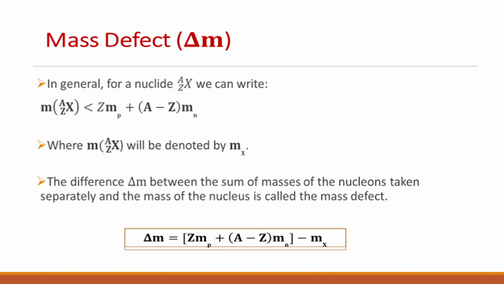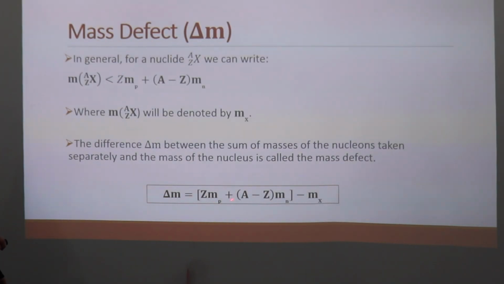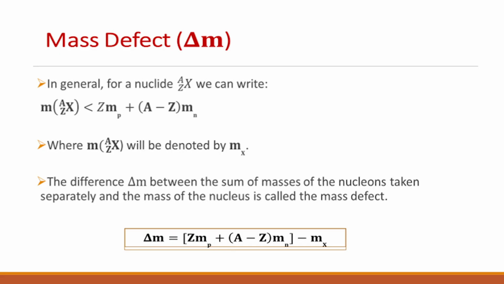Let's denote the mass of the nucleus by mX, where X is the symbol of the nucleus. The difference delta m between the sum of the masses of the nucleons taken separately and the mass of the nucleus is called the mass defect, such that delta m equals Z times the mass of a proton plus (A minus Z) times the mass of a neutron minus mX. That means the mass defect delta m equals the mass of the constituents forming the nucleus minus the mass of the nucleus.